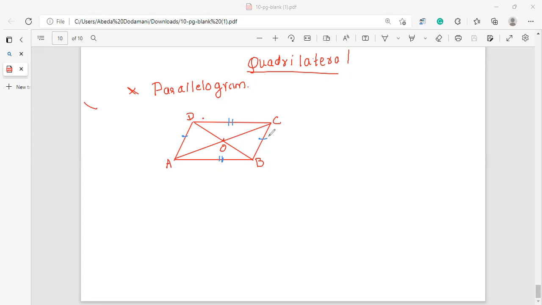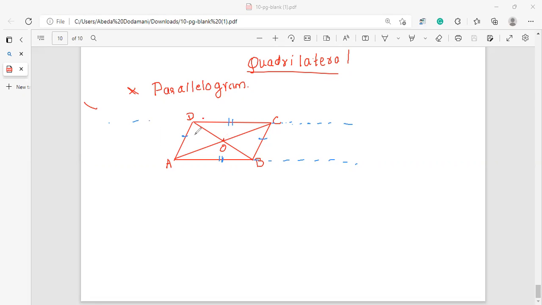So what do we mean by parallel? A basic understanding of parallel is this: if I extend these sides infinitely, there is no point where they intersect, and the distance between the two stays the same throughout. Similarly, you can extend them from the back end as well, with no change in the distance.